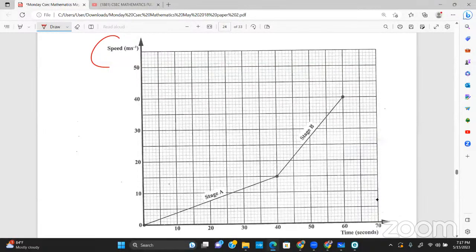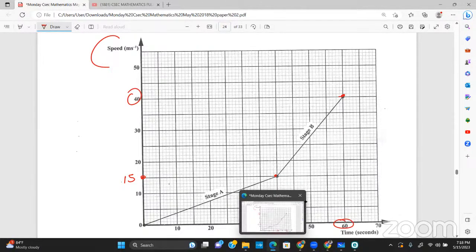So then, in stage B, you're simply moving from here to there. What is the gradient? So you want to take note of this, which is this number, 15. And this, which is this number, 40. This and this. So these are my points, right?